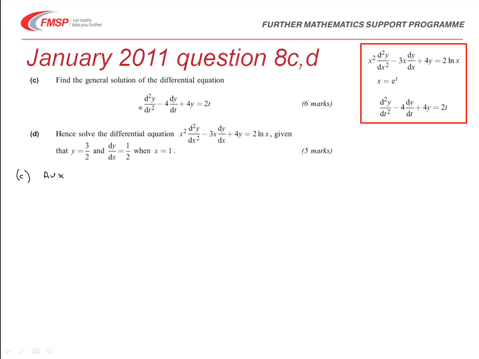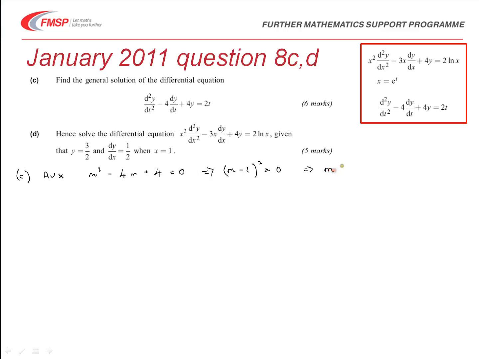And so we've got 1, minus 4 and 4, so this becomes m squared minus 4m plus 4 equals 0. And of course it factorises quite nicely into a repeated root, because we get m minus 2 squared equals 0. And so m is equal to 2.